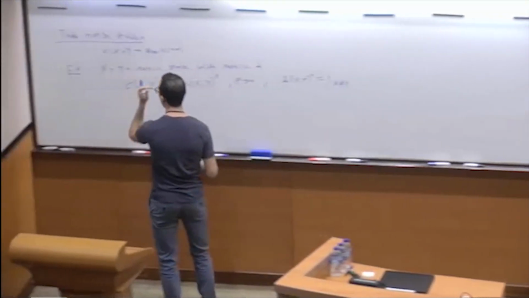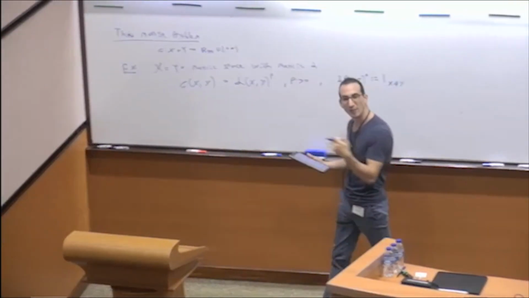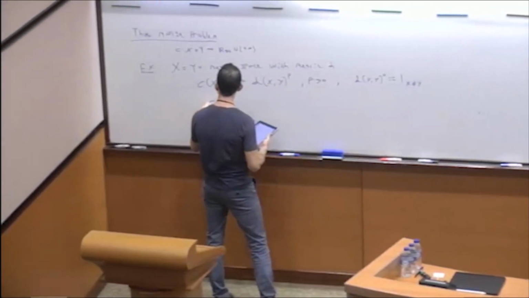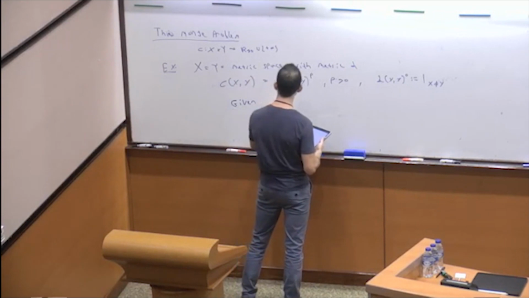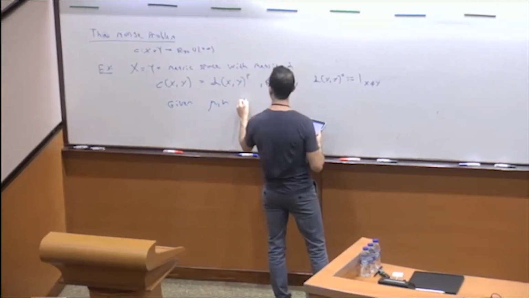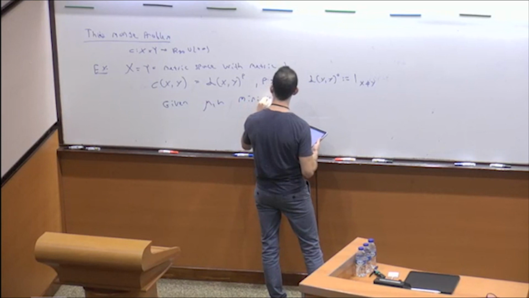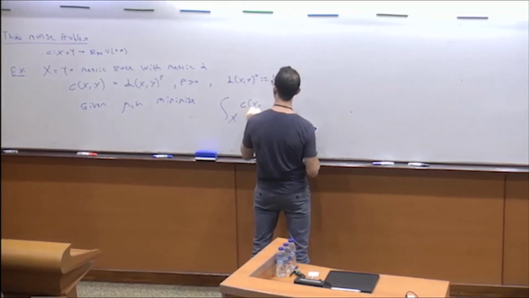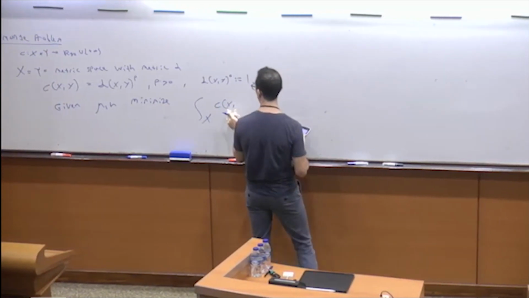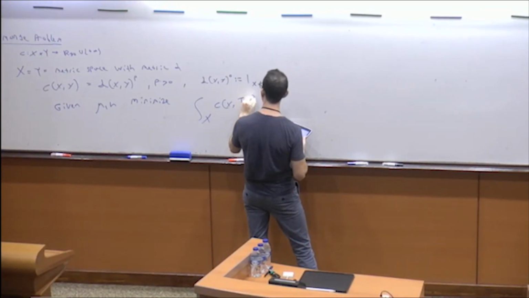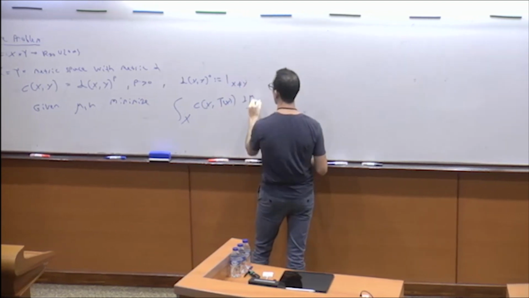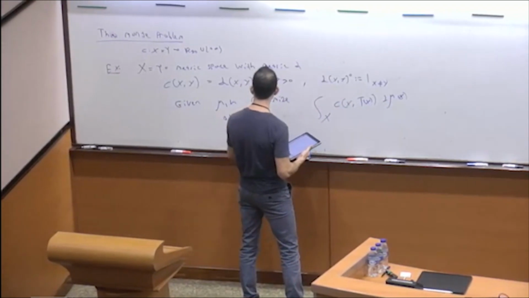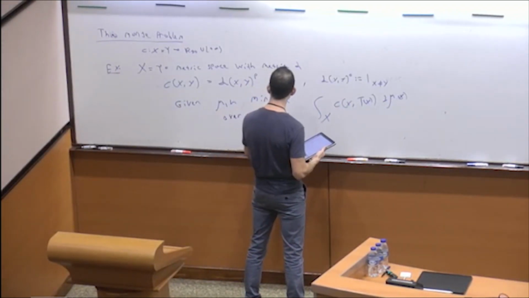But anyway, once you define this notion of cost, which you think of as how much it costs to move something from x to y, the problem is, given mu and nu, we want to minimize the integral of the cost, where in the first coordinate we put x, here we put T of x, where we integrate with respect to mu, over maps which send mu to nu.